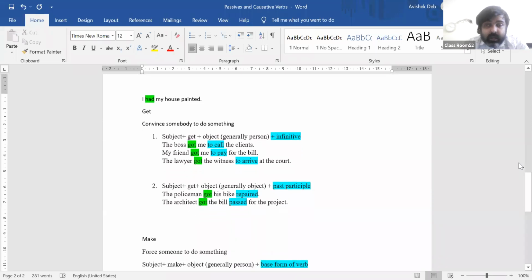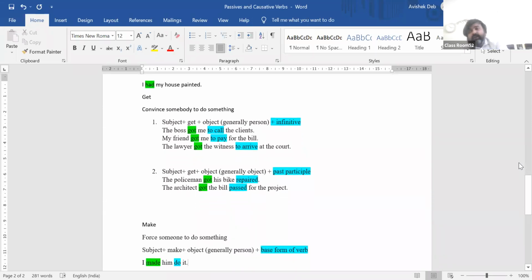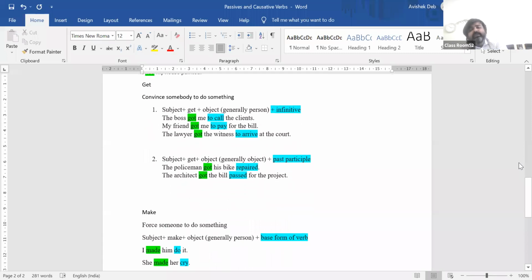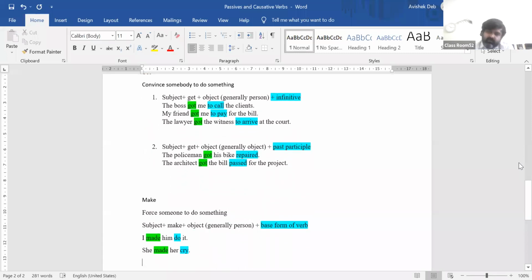So coming to make, it is pretty straightforward. Make is followed by the object, which is generally a person. It is followed by the base form of the verb. So, I made him do it.